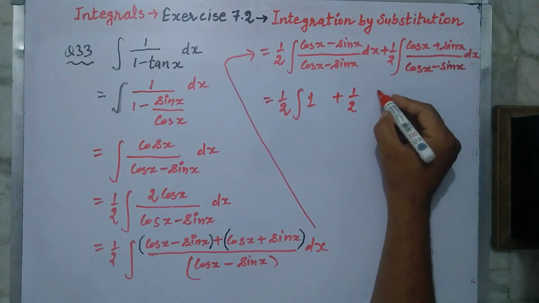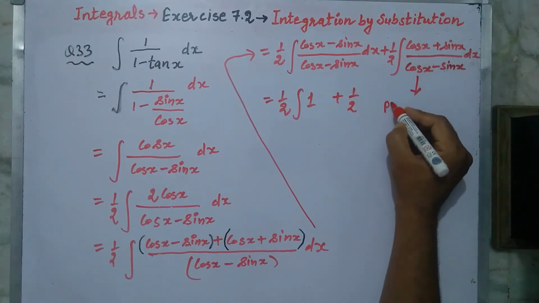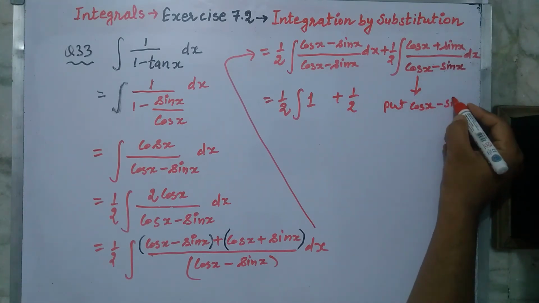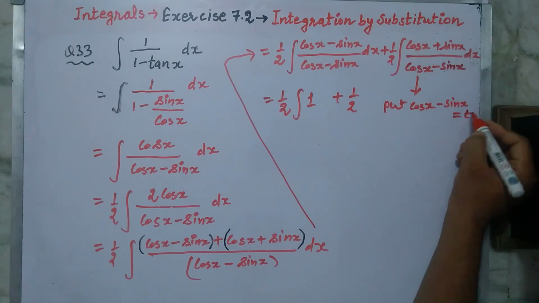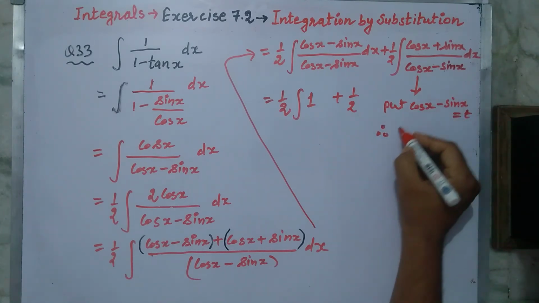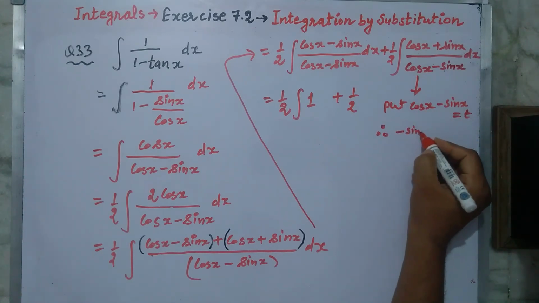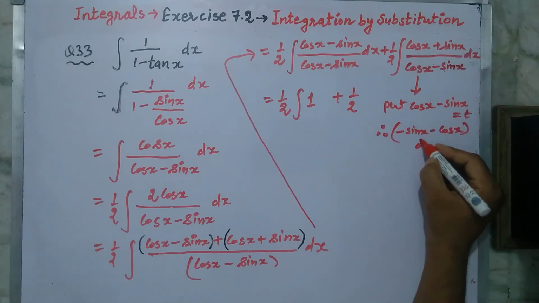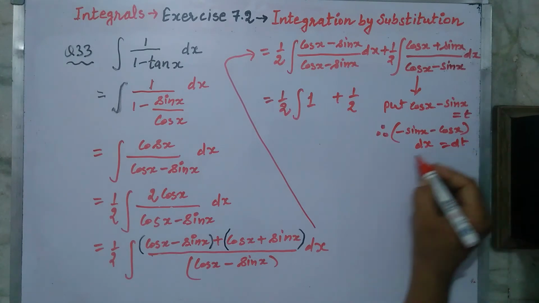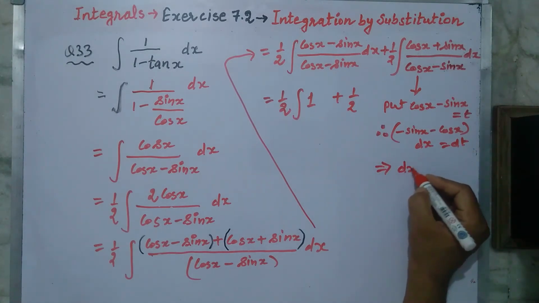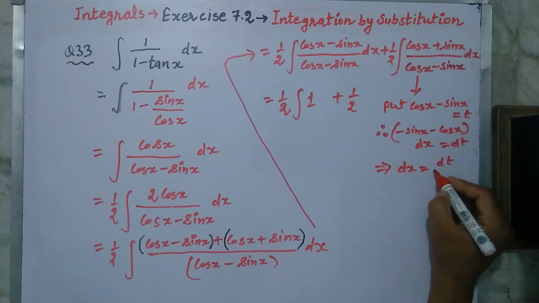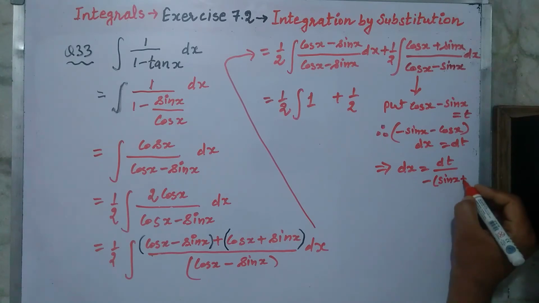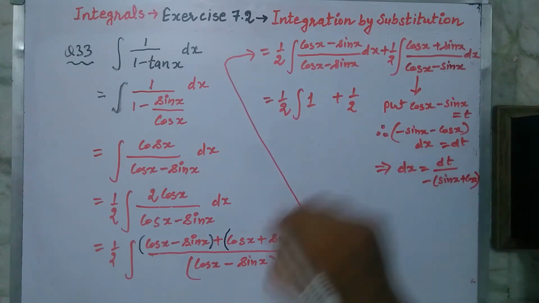Here we put the denominator cos x minus sin x equal to t. Therefore the derivative, minus sin x minus cos x, into dx is equal to dt. That means dx is equal to dt upon, taking minus outside, (sin x plus cos x).